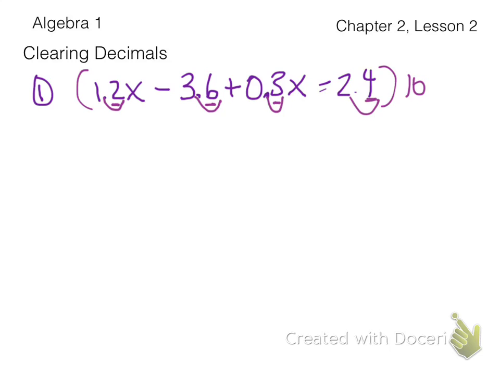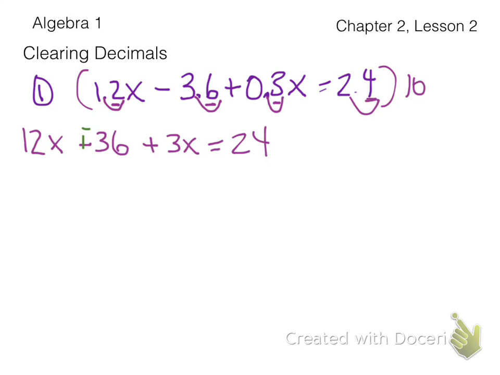Okay? So I'm going to end up with 12x minus 36 plus 3x equals 24. Isn't this so much prettier than having to deal with those nasty little decimals? Well, I think so. So now that I've cleared all the decimals, I'm going to add the opposite.